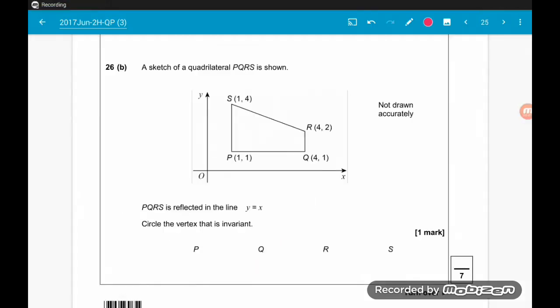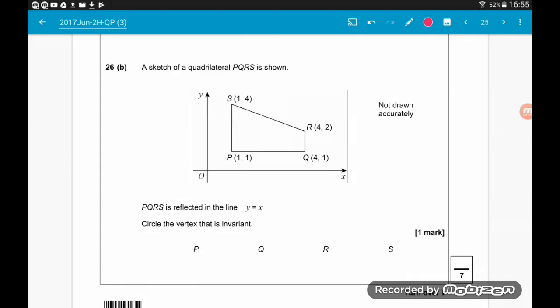So part B is a very similar question, except this time we're dealing with a reflection. With a reflection, any point that doesn't lie on the line of reflection will move to the other side of that line. So here, again, we're looking for an invariant point when this shape is reflected in the line y equals x.